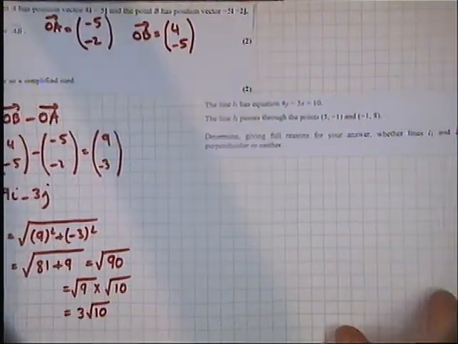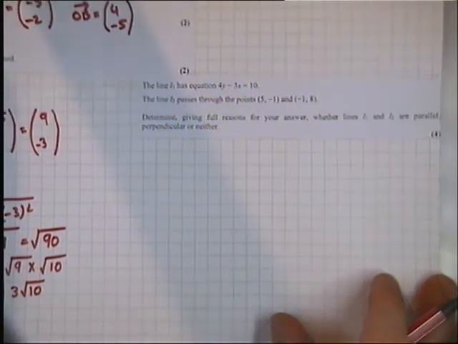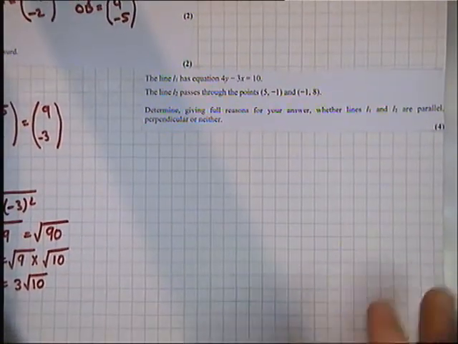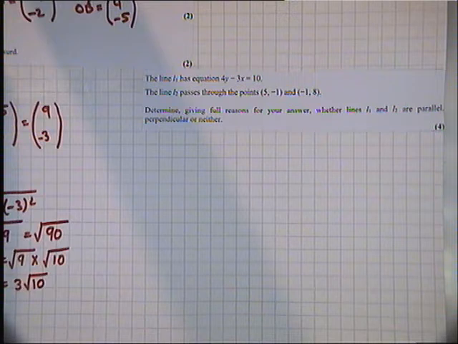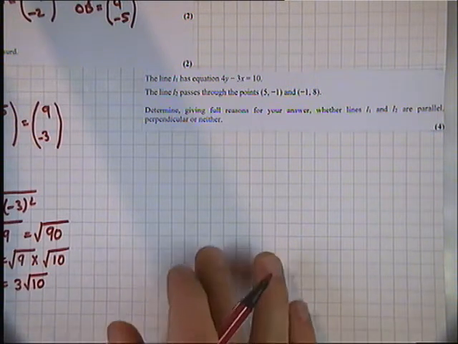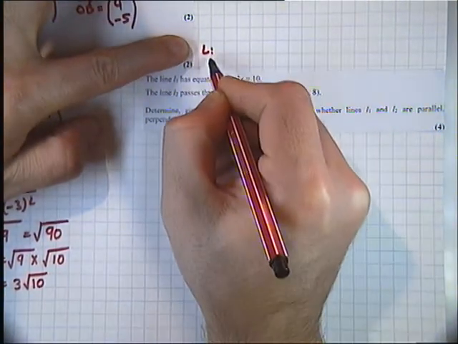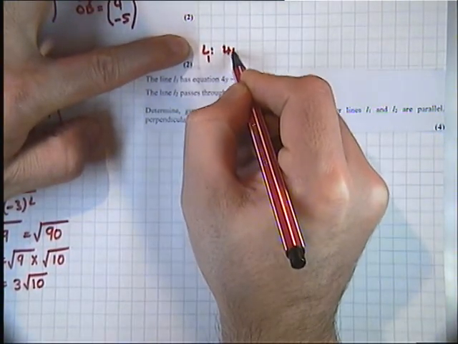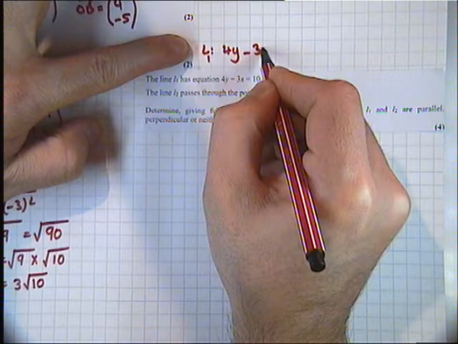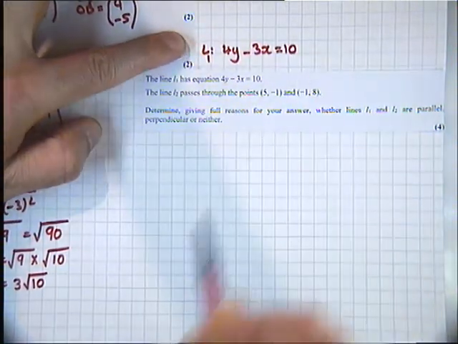Now let's move on to question 4. The line L1 has the equation of 4y minus 3x. So let's write down the equation for L1. 4y minus 3x equals 10.